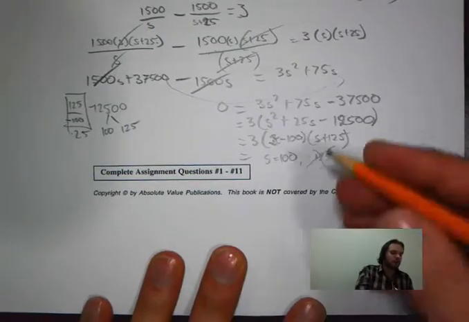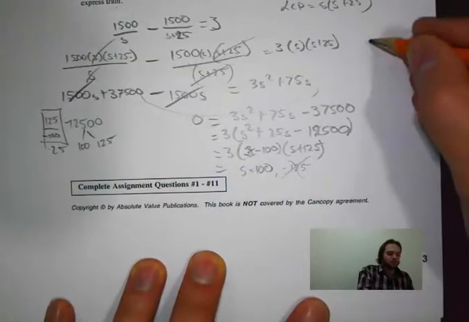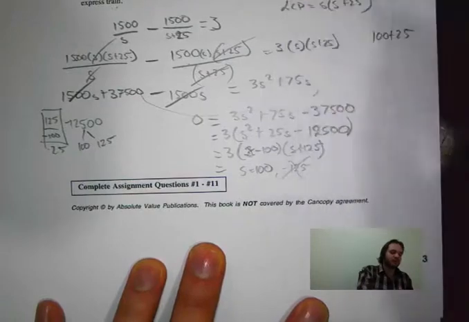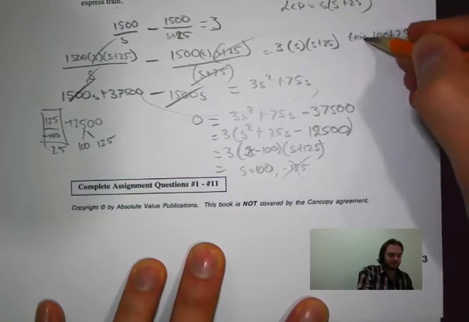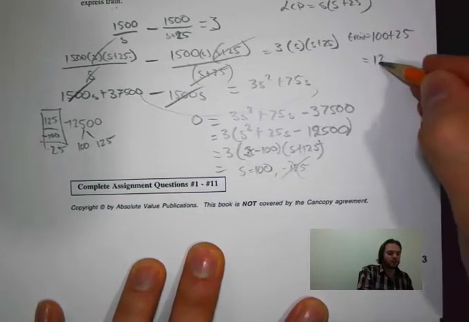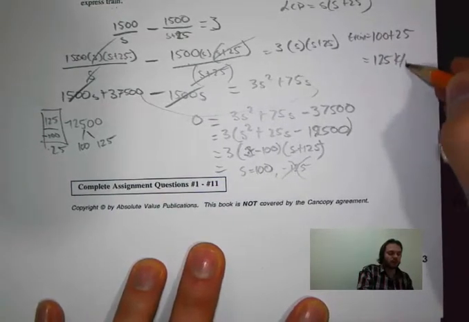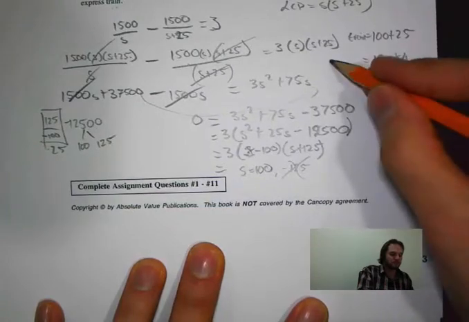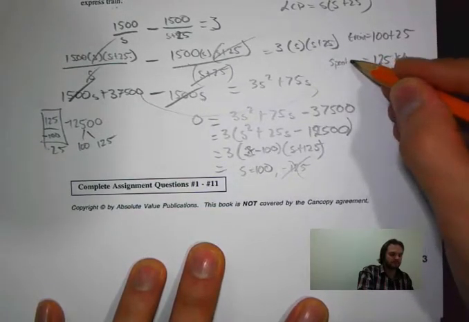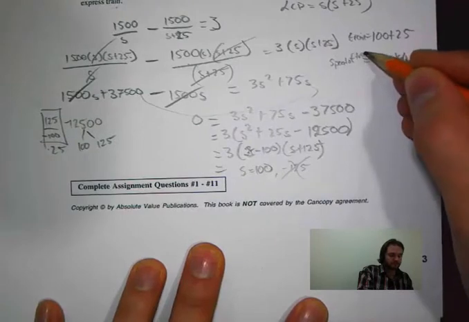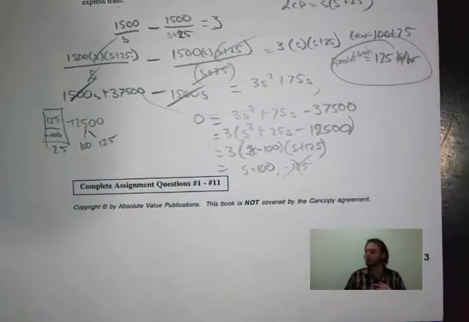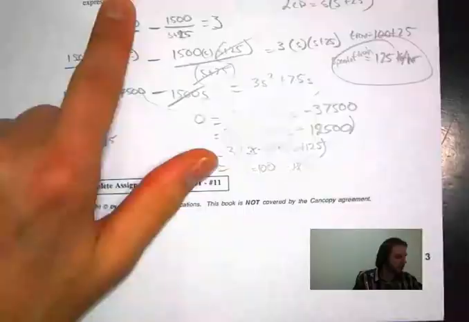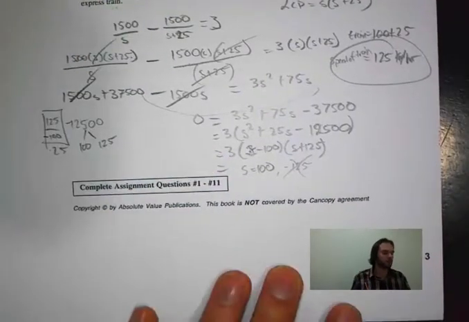So 100 kilometers per hour is the bus. So 100 plus 25 is going to give me my train. So I get 125 kilometers per hour is the train. And that is my answer. Then it says, calculate how long it would take to travel between Knoxville by train.